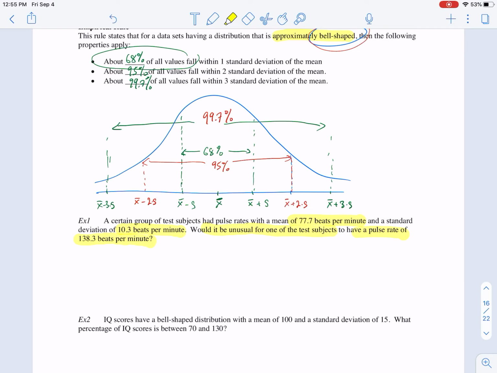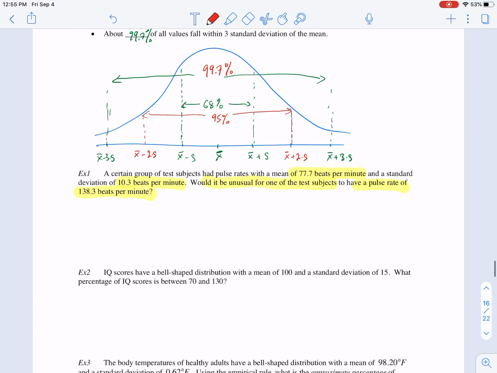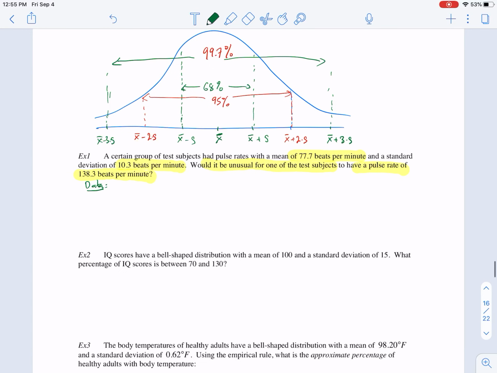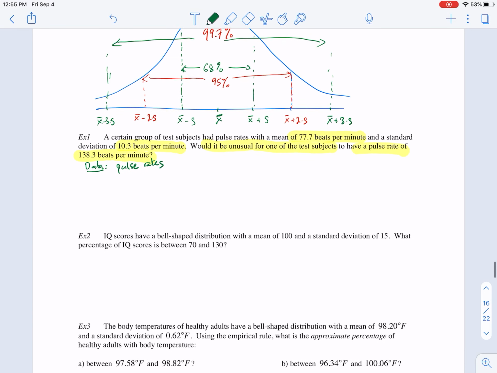Okay, so we said the data will be a certain group of test subjects. So the data in this case will be pulse rates, and the pulse rates just come from a selected group of people. So it's not quite the population. So that's the data.